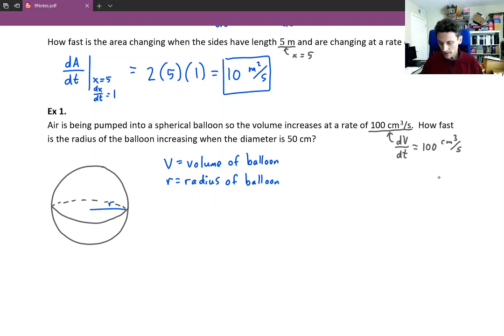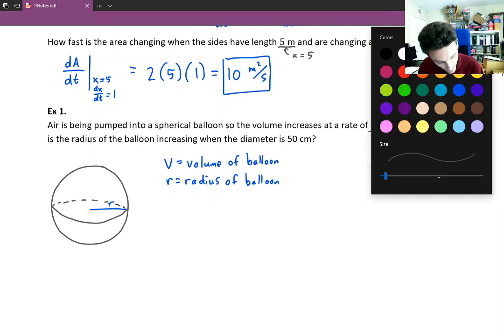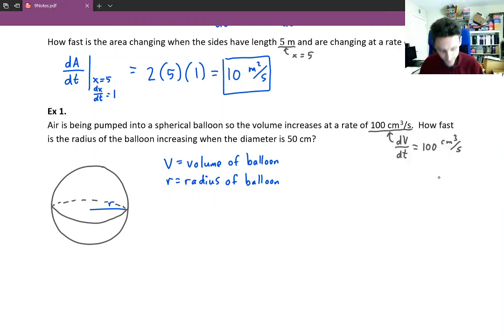Now, one thing to write down that's important is what we're looking for. So we're looking for how fast is the radius of the balloon increasing? In other words, our goal is to find the rate at which radius is increasing with respect to time.